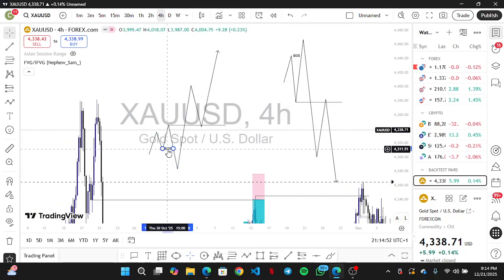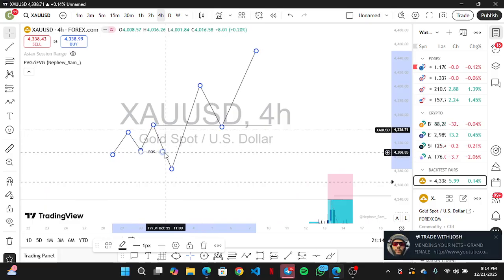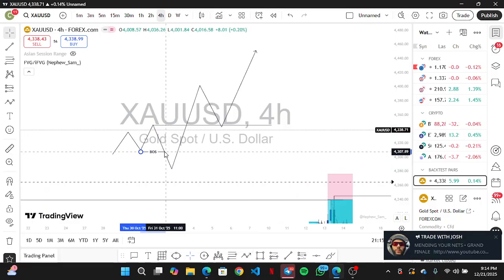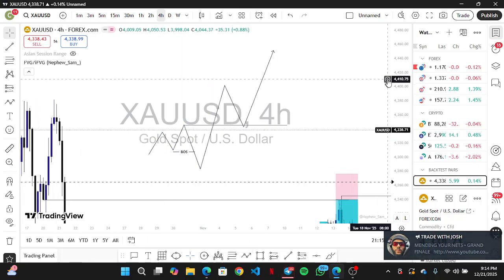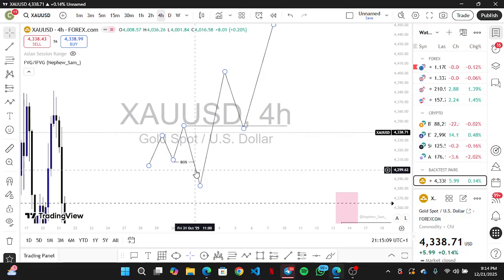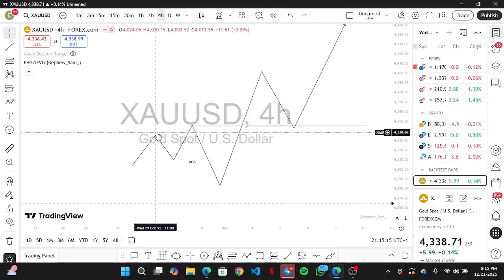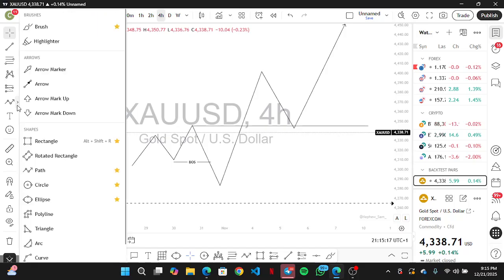So now this explanation on what I'm saying, let me just give it to you like this. Basically, price does something like this. Price is bullish generally, still going up, and then price comes and takes out a previous low. This point here was a low. Let me get my tool to draw.